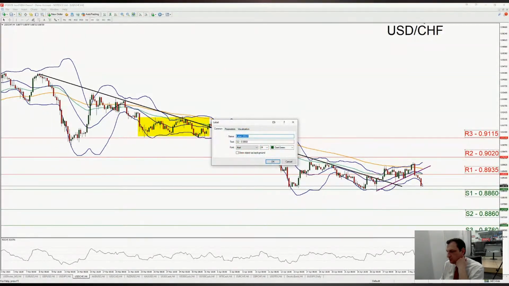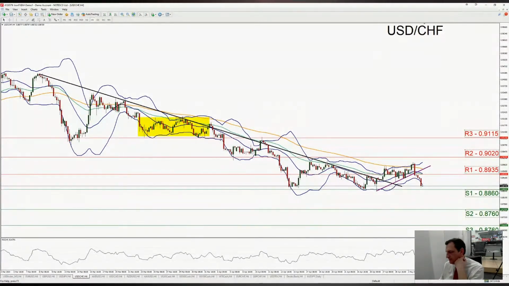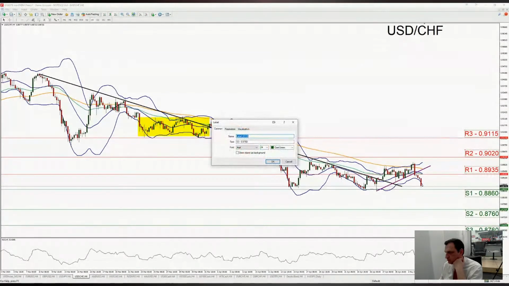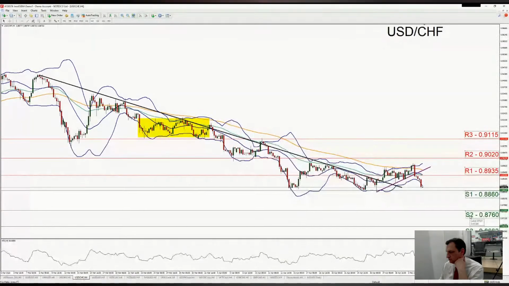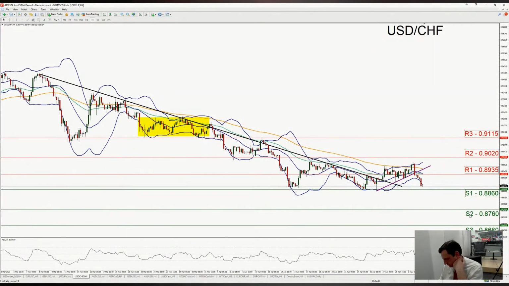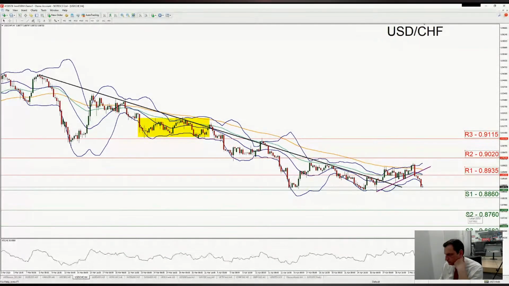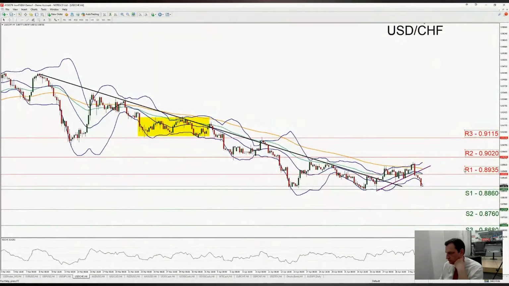The S2 at 0.8760. And the S3 at 0.8680. Okay, so locking everything in.